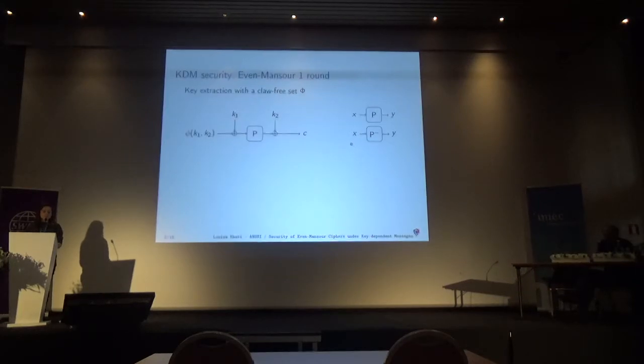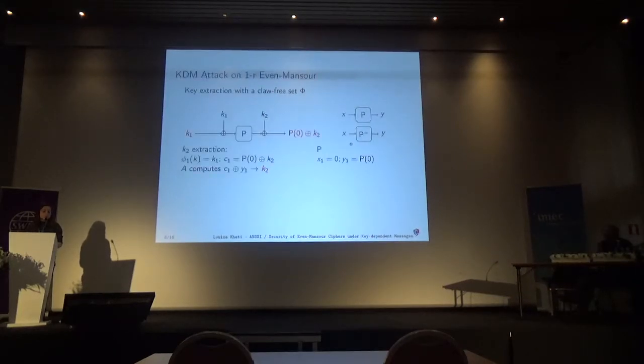So what the adversary can do is the following. He can first extract key1 by asking the first function phi1 of k equal to key1. So here we will have a 0, and the output will be p of 0 XOR k2. And we can understand that if the adversary can compute p of 0, he can extract key2. And as he has direct access to p, he can do that.